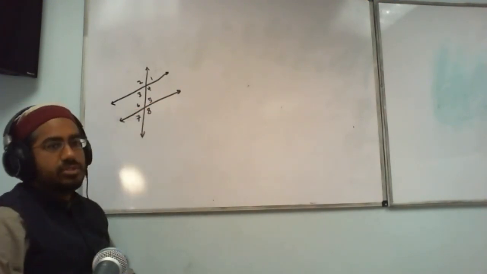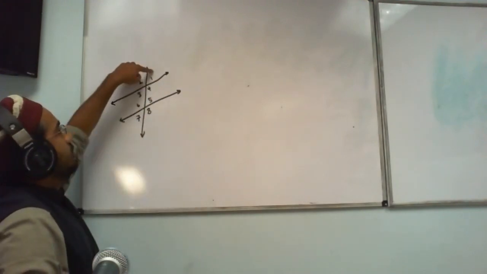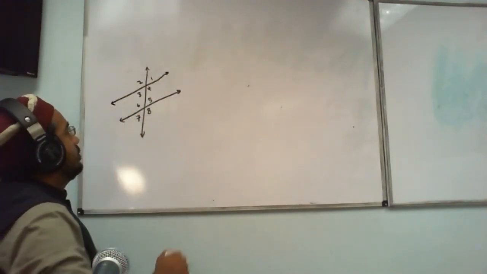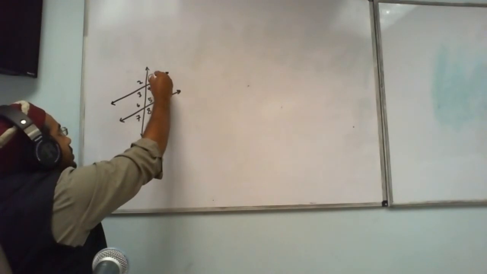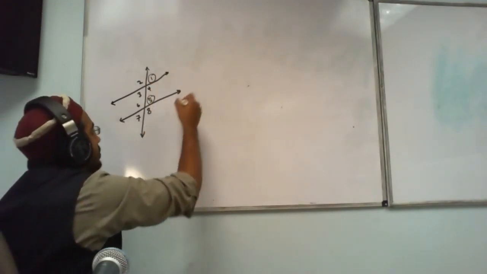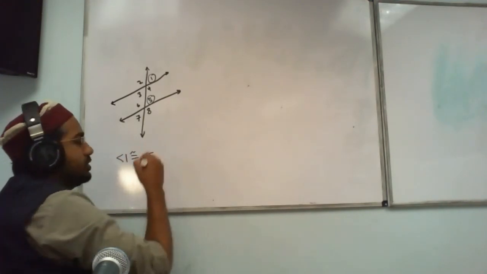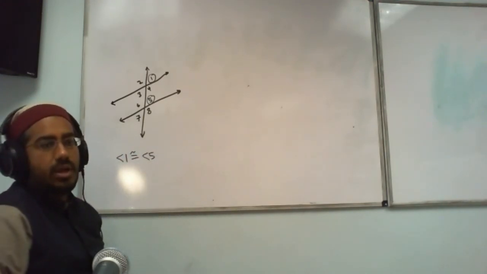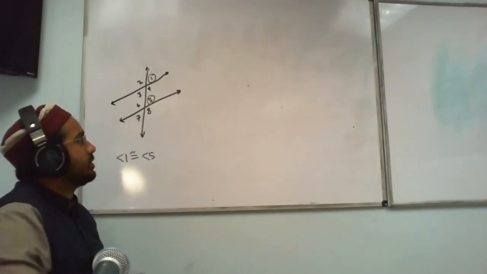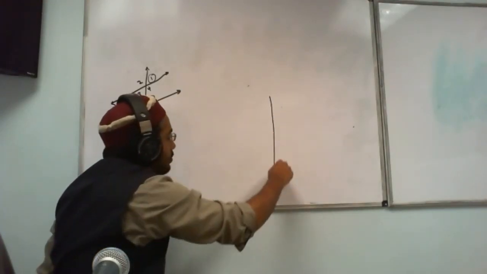So for example, what I'm trying to prove is that angle 1 and angle 5 are the same. I want to prove that this angle over here and this angle over here are congruent. That's what I want to end up doing. So I'm going to do a 2-column proof over here.